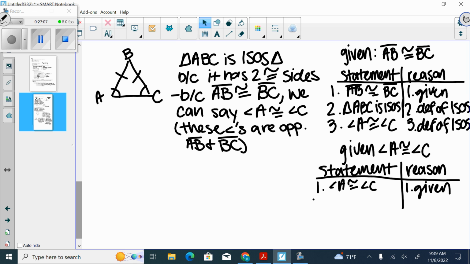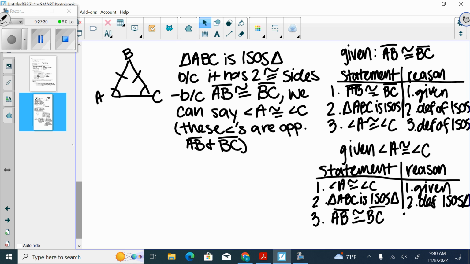Okay, and then you could say that you know it's an isosceles, because definition of isosceles. And then draw the conclusion that those two sides are congruent. So AB would be congruent to BC because, again, definition of isosceles. Okay, so that information could go either direction. They could give you two congruent sides, or they could give you two congruent angles, and you're going to know that it's an isosceles triangle, and then you can draw the conclusion of the other congruent sides, right?